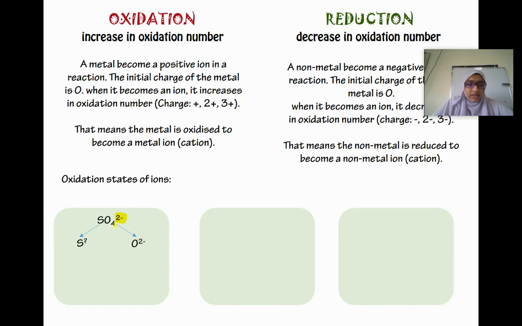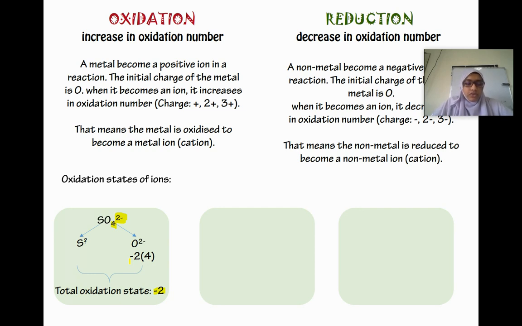However, if you notice, there are 4 oxygen here, which means there are 4 oxides. Okay, so in a while, I'm going to talk to you about that. The total oxidation state is actually a -2 because it's stated here -2. So you just bring this over, -2. Okay, so oxide is a -2. But because there are 4 of them, it's 4 times -2, which is actually a total of -8.